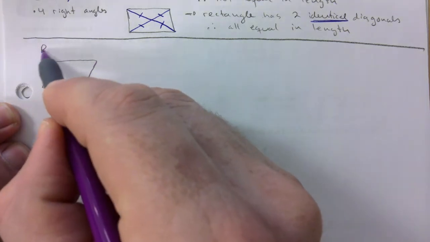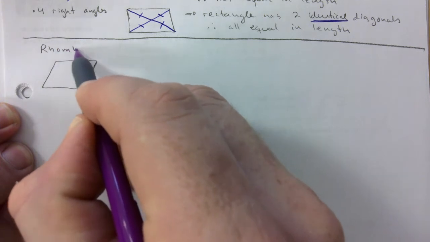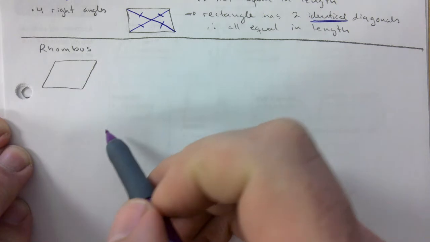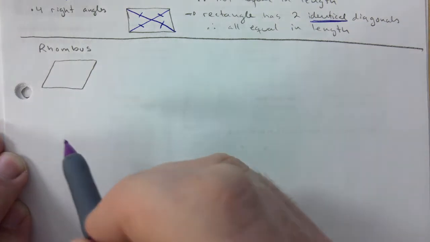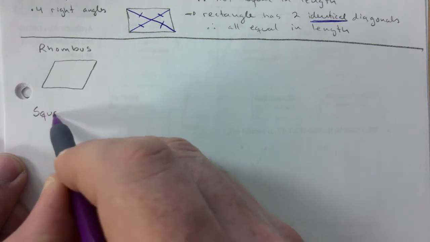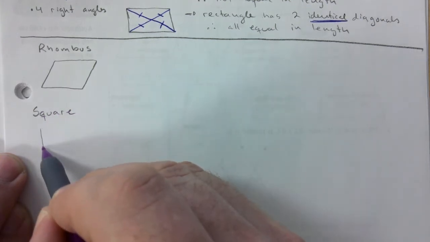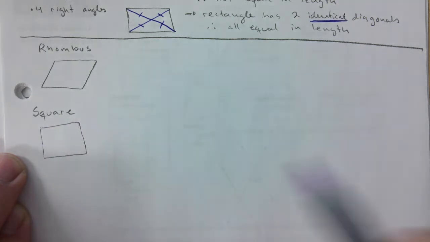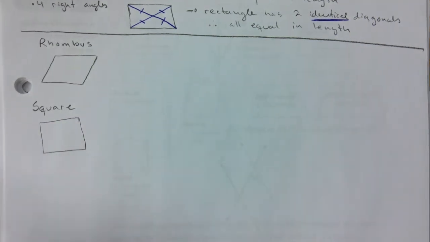Okay, so this is what we call a rhombus. And I'll put the square right underneath it. Try to make it look like a square. You have your rhombus and you have your square.